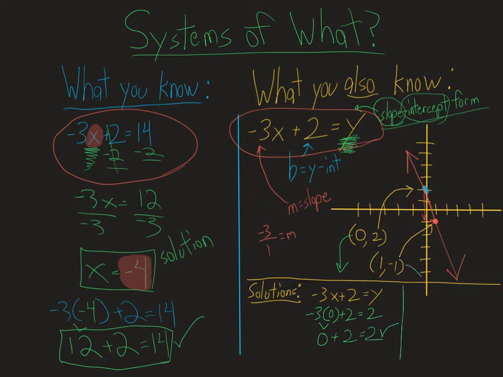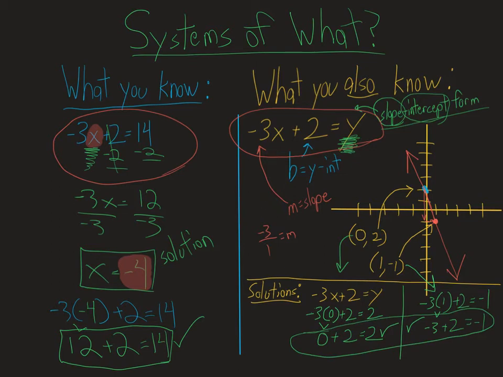We could do it with the exact same position of the other points. -3 times x value of 1 plus 2 equals the y value of -1. Let's see if it works when we plug those in. -3 plus 2 does equal -1. So we've got two solutions in that they make the equation true.